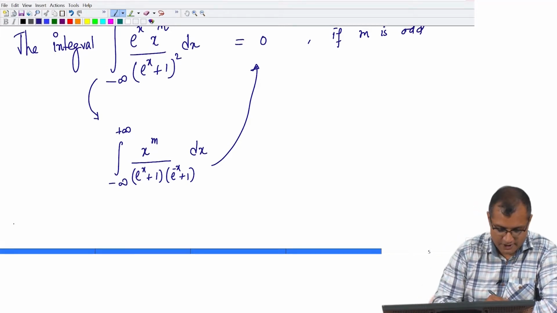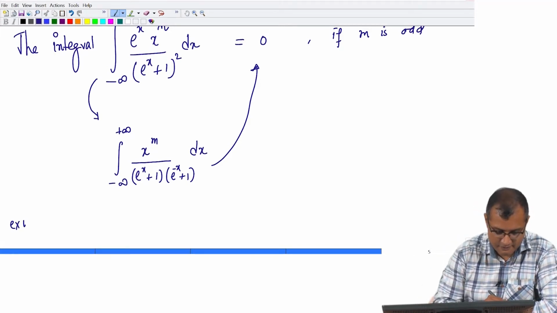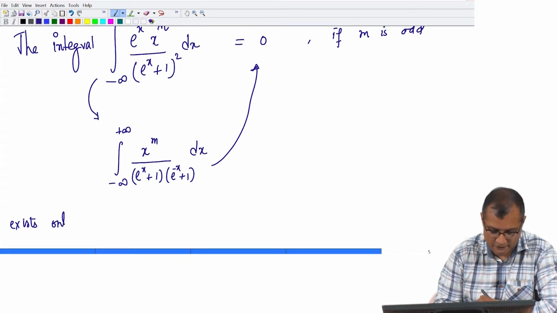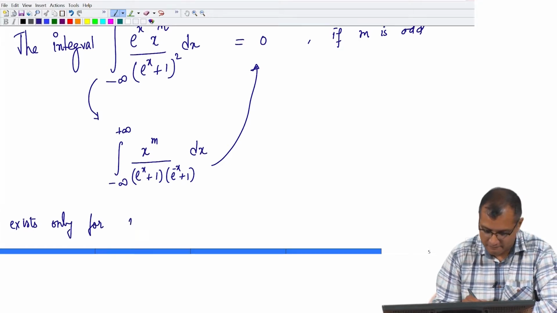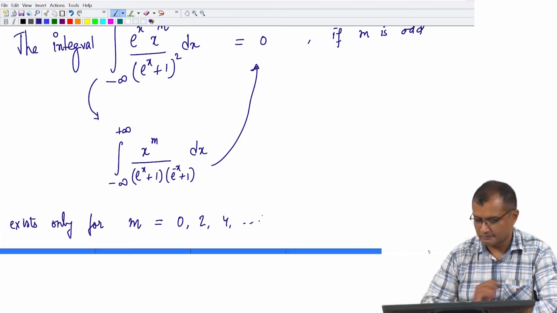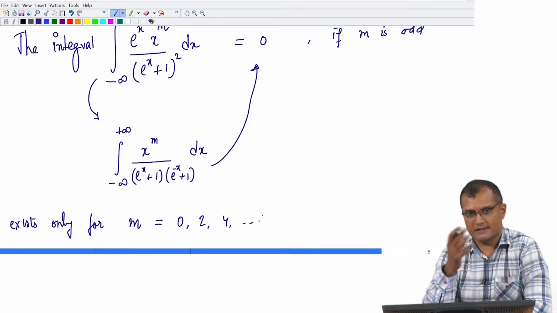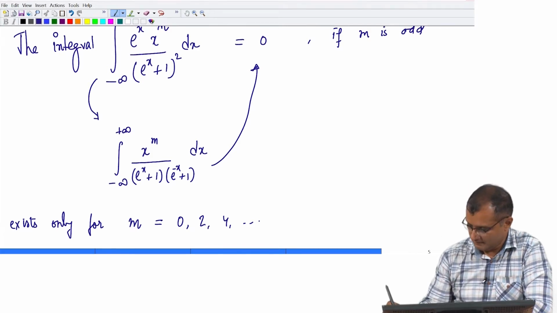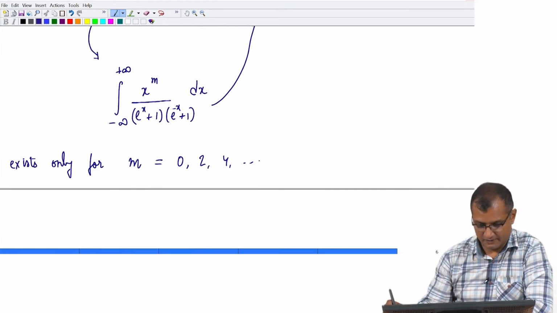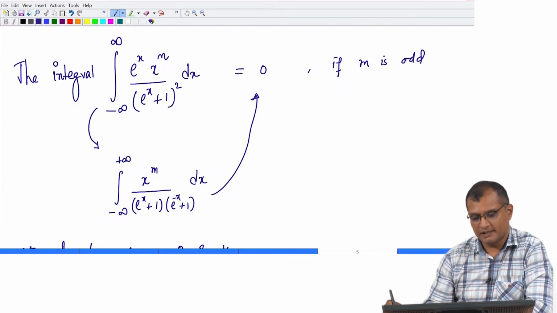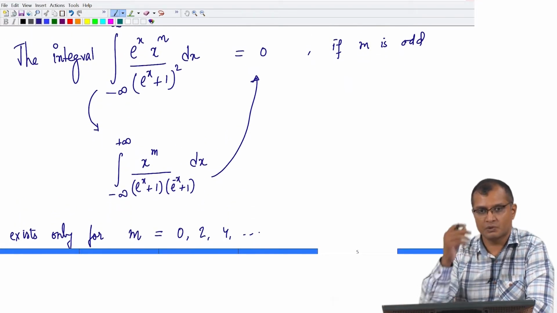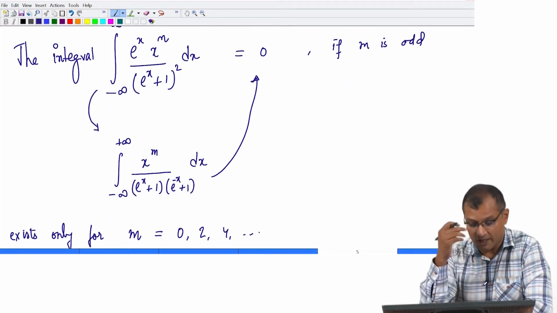So, the integral exists only for m equals to 0, 2, 4 etc. So, let us take two values and stop there. The reason being higher orders of m will be basically proportional to higher powers of kT.